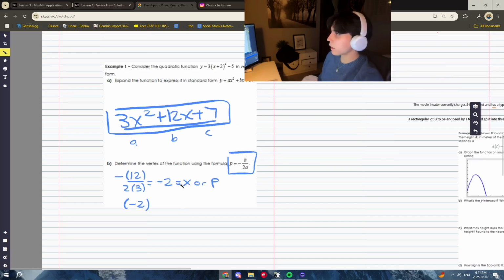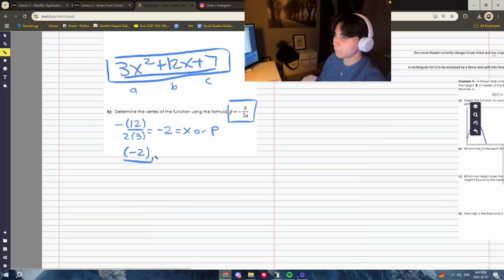And since you got that as your vertex, the highest or lowest point, all you need to do is plug this -2 back in to get the y value of your vertex. Since we found the x value, remember how equations work, right? This is y, and we're just going to plug in where x is the vertex.